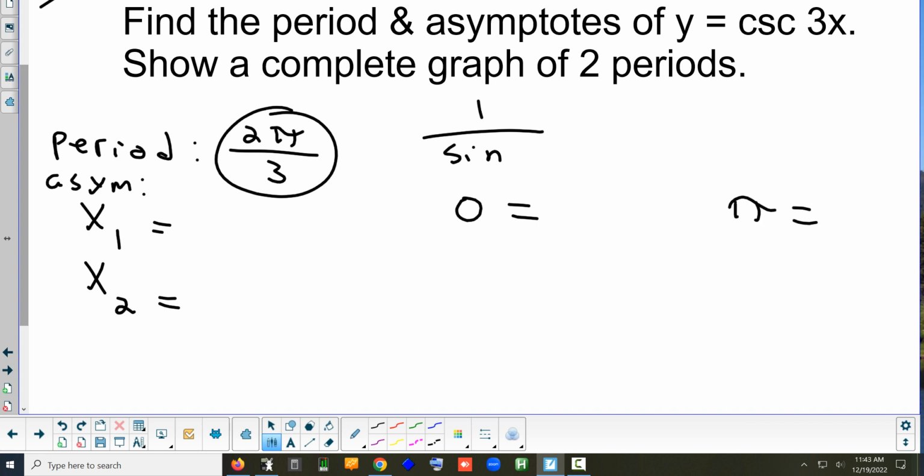Pi. And what are we supposed to set each of those arguments equal to? Set those to the argument. So set each of those equal to the argument, and that's going to tell you what happens to the original 2 asymptotes, and then we just write down that those repeat. So the asymptote that was originally on the y-axis, if you compress it 3 times as much and it's at 0, what does it become?